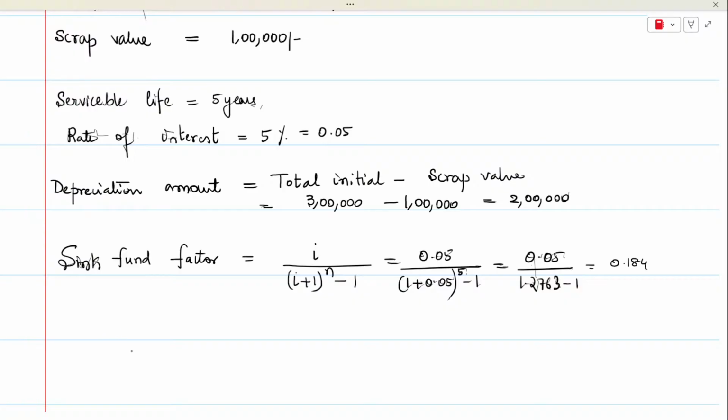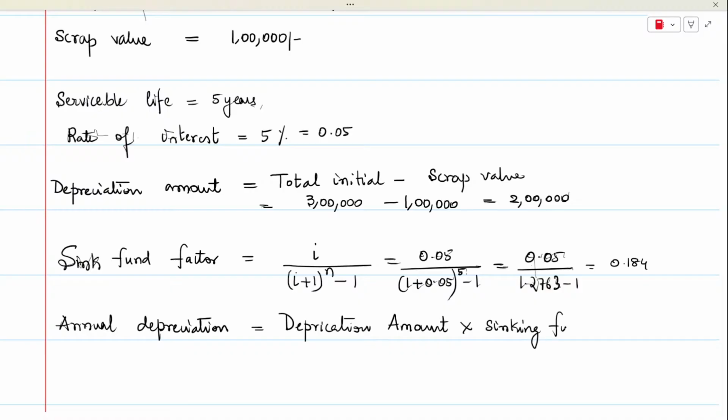Okay. So this comes out to be 0.184. Next is annual depreciation. That is equal to depreciation amount into sinking fund factor.